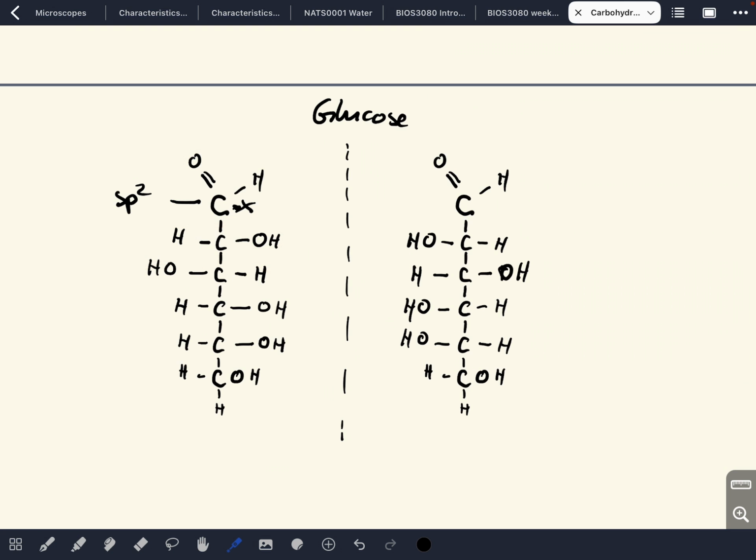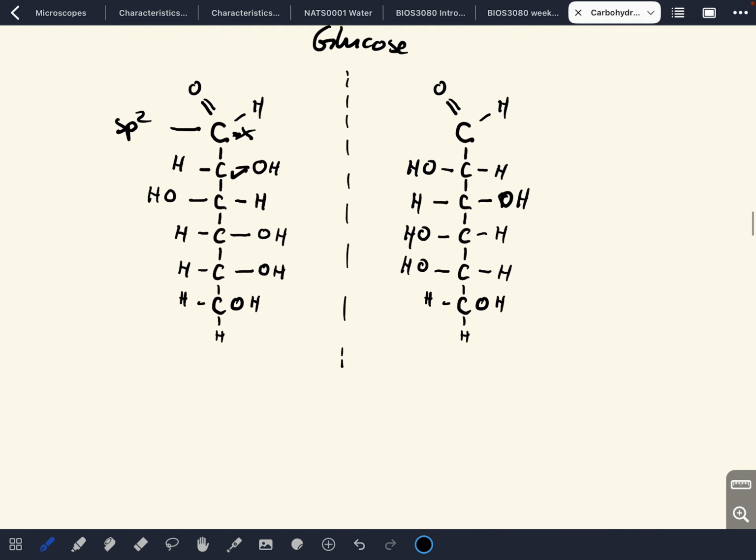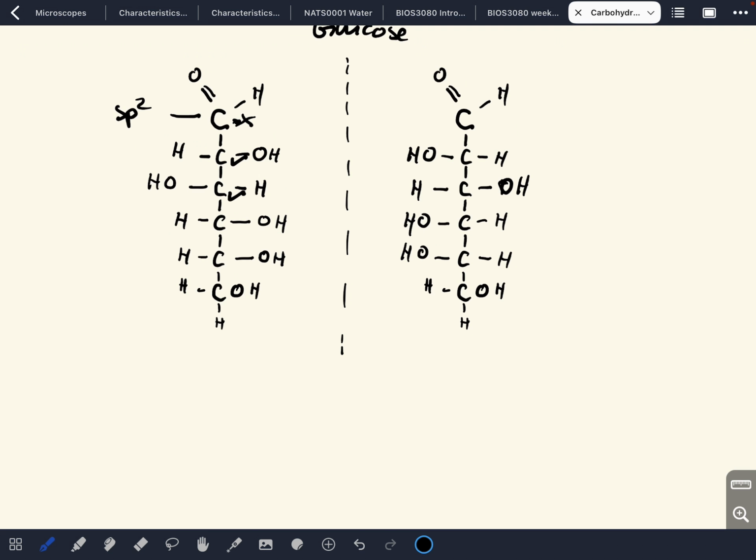So we definitely can say, yes, this carbon is chiral. Now, what about the next carbon here? We see it is connected to an OH, an H, then it is connected to this part of the molecule, and this part. So it's also a chiral carbon. Likewise, this one and this one.